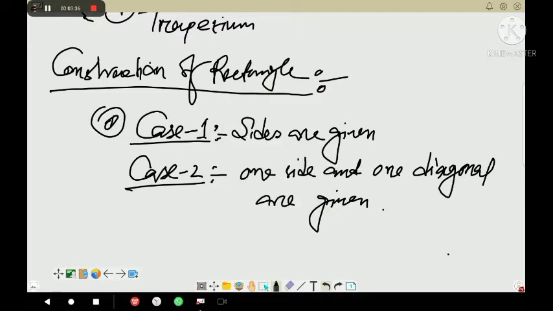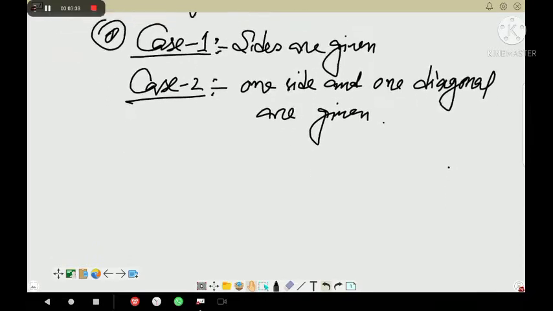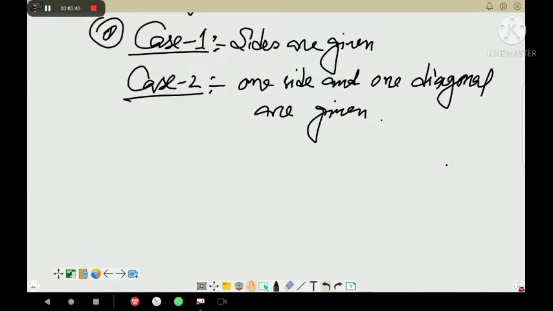Now next, we know that in a rectangle all angles are 90 degrees and opposite sides are equal. So if all sides are given, that means 4 sides are given, and all angles are 90 degrees. If we write here: 4 sides and one angle.